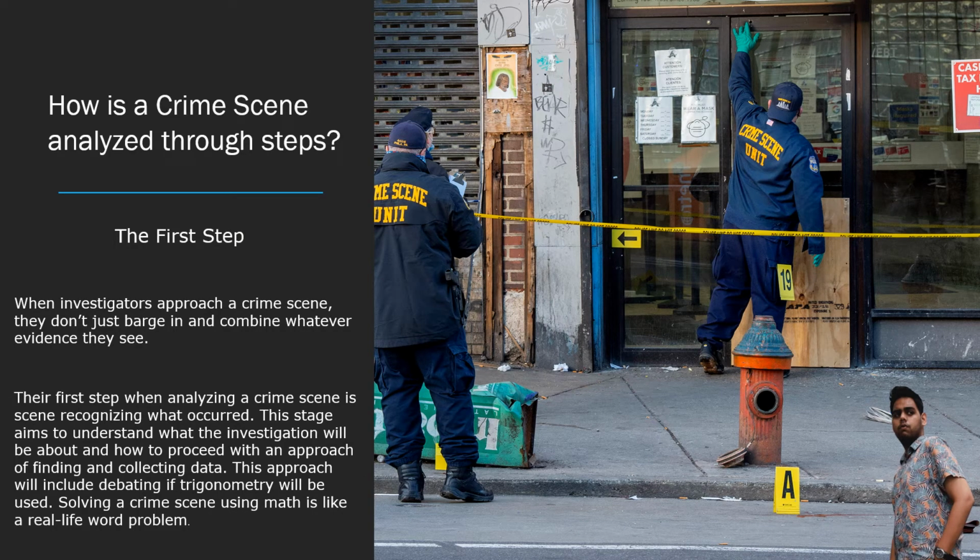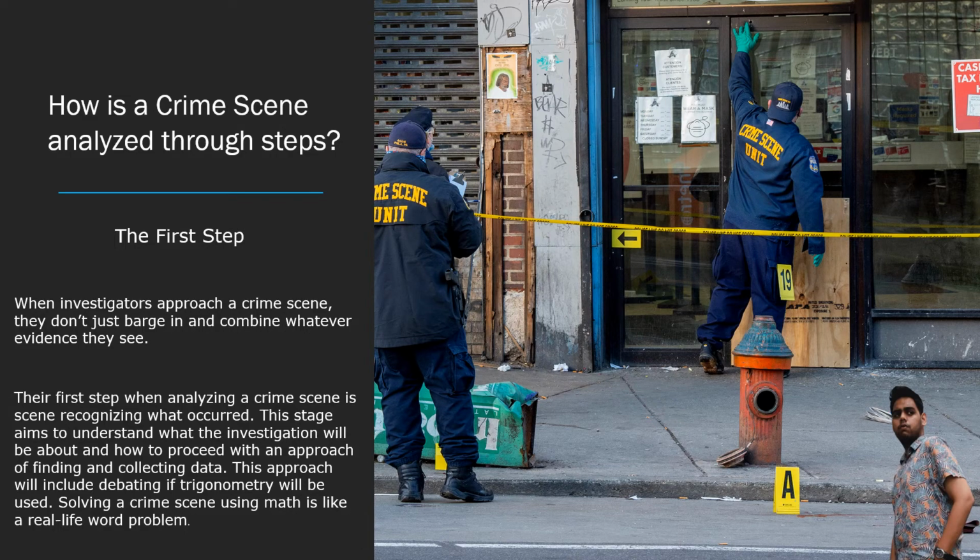How is a crime scene analyzed, step by step? The first step: when investigators approach a crime scene, they don't just barge in and collect whatever evidence they see. Their first step when analyzing a crime scene is recognizing what occurred.